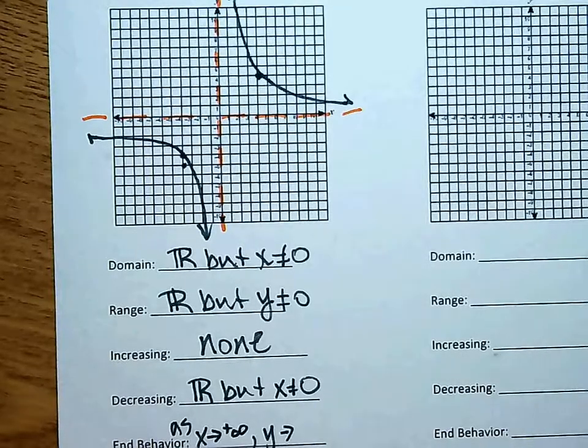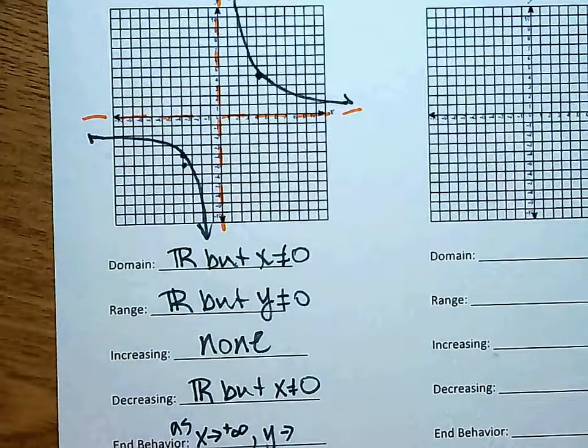Where is negative infinity? On the bottom. If x is getting bigger and bigger, and it's shooting down, like if you have a parabola, as you go this way, it's going to negative infinity, correct?